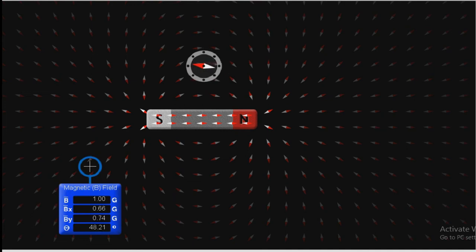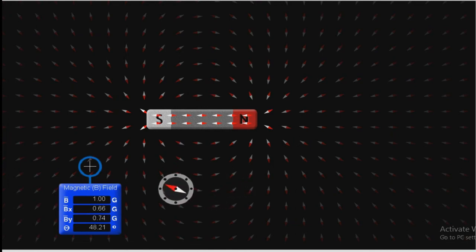Let us begin with an experiment where we are going to draw the magnetic field lines. There are two things: a compass needle, you can see, and a magnetic field meter. At first, we are going to trace some of the magnetic field lines.